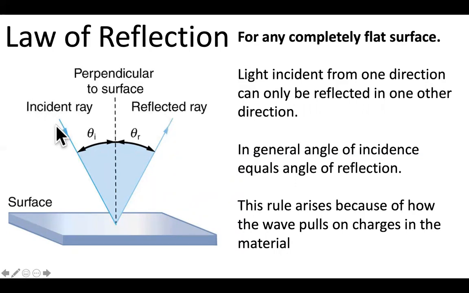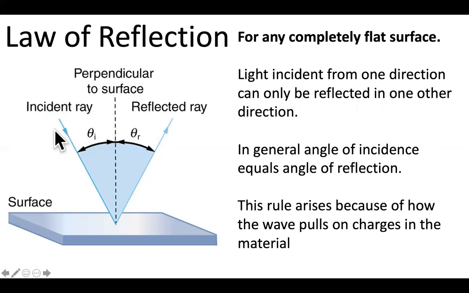So if an incident ray comes in one way, the reflected ray has to go in one other particular direction. And that direction is specified in a very specific mathematical geometric way.